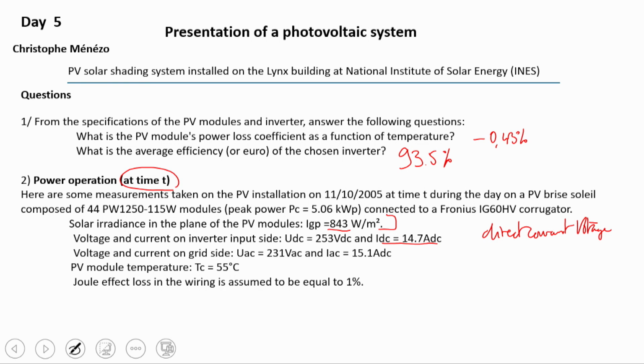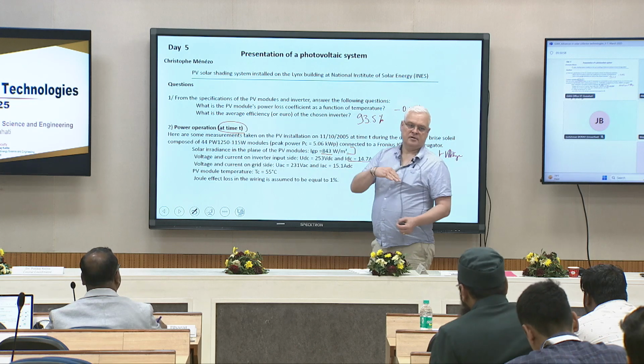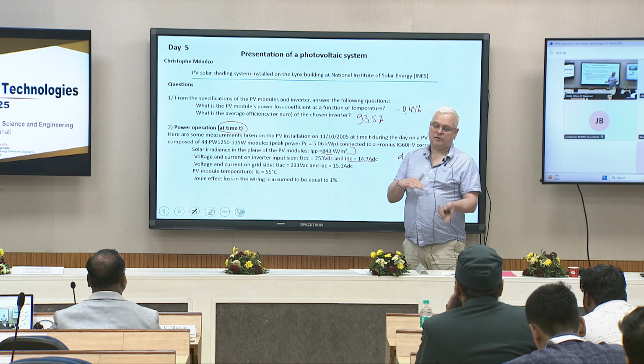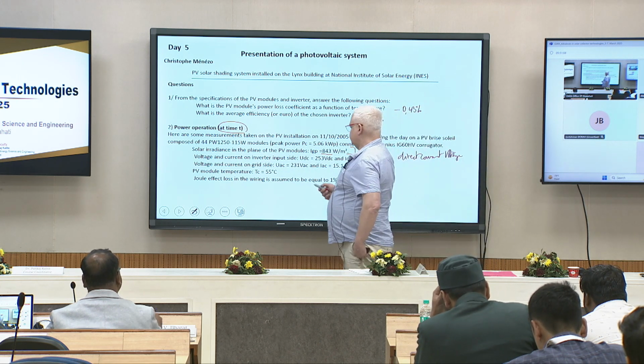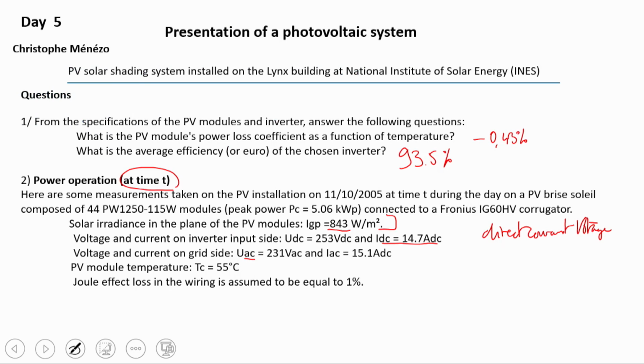On the grid side, so after the inverter, it's before and after the inverter. So you are now alternating. After the inverter, the role of the inverter is to convert direct current to alternating. Okay.